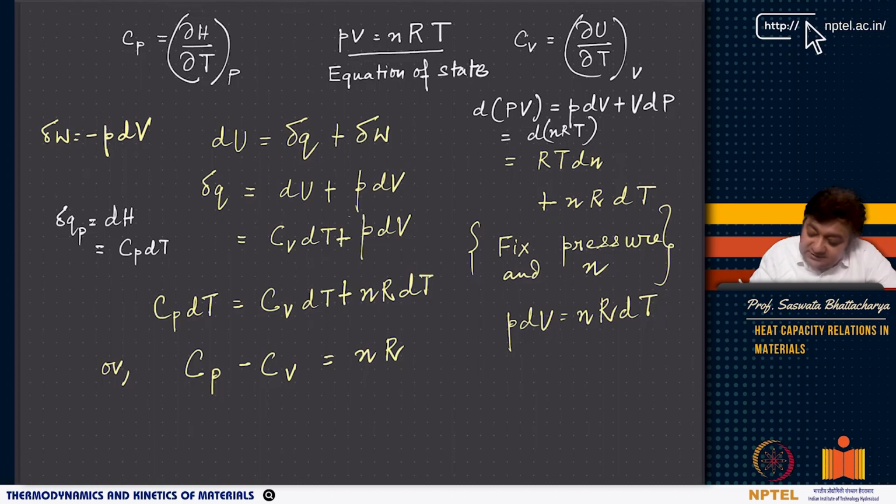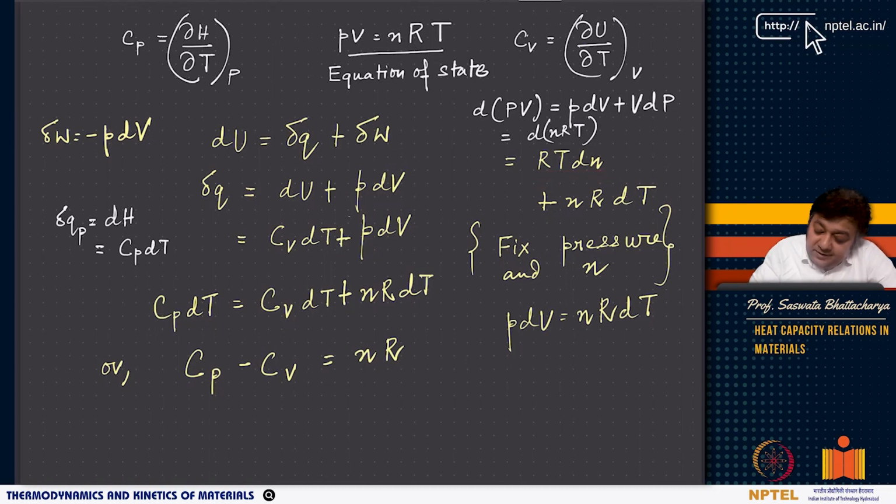Now if pressure is constant and n is also constant, that is the mole number is constant, then R is anyway constant, the universal gas constant, so you have RT dn, and this term goes to 0 because n is constant.